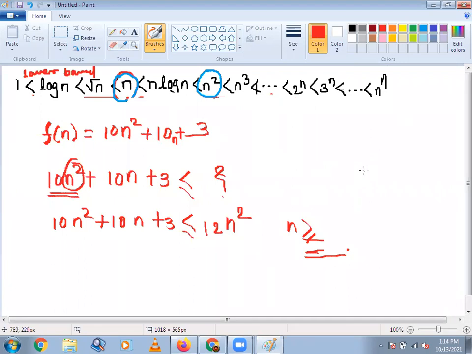Suppose n is equal to 10. Check n is equal to 10. Yes, sir. It satisfies.